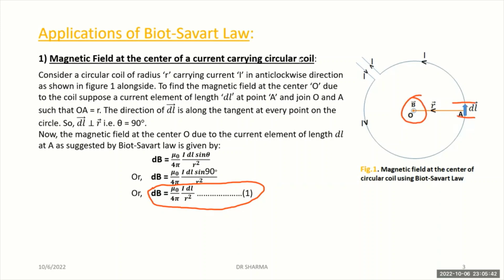Total magnetic field at the center is just the sum of such magnetic fields due to such elemental lengths dl throughout the circumference of the circle. So the total magnetic field is obtained by integrating equation 1 throughout the circumference of this circle.